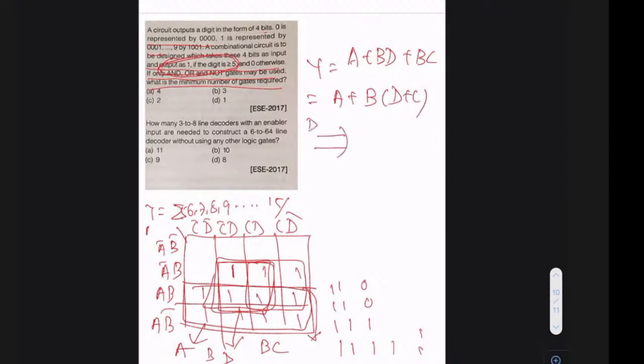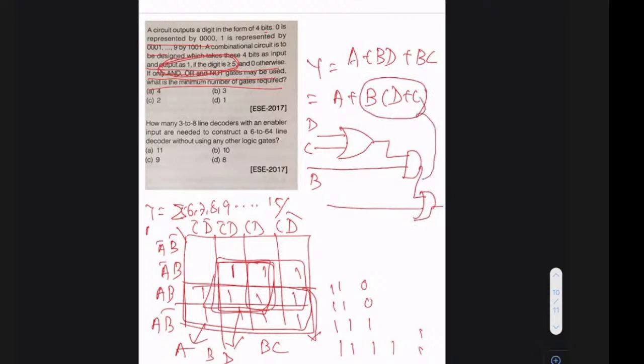The inputs are D and C, so that the OR gate produces your D plus C, and then you have B. So this is your B line. Then this and the A line should be connected to an OR gate to get the output. So B AND with D plus C you'll be getting here.